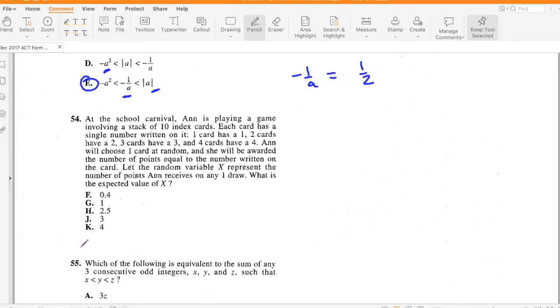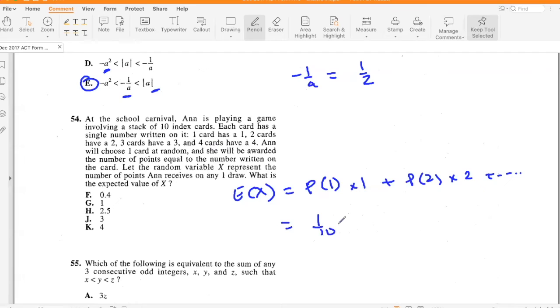Okay, so the expected value of x will be the probability of drawing a card with 1 times 1, the probability of drawing a card with 2 times 2, and so on, right? So there is one card, right?